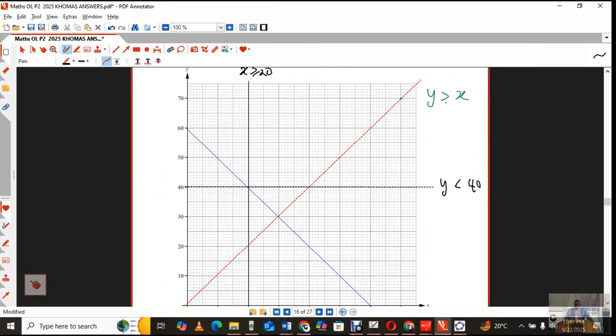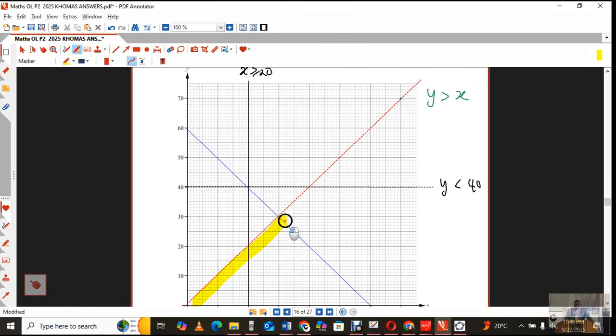Values of y that are greater than x are above, so we're going to shade below. My shading will take place below this red line over here. I will be shading everything below this line.